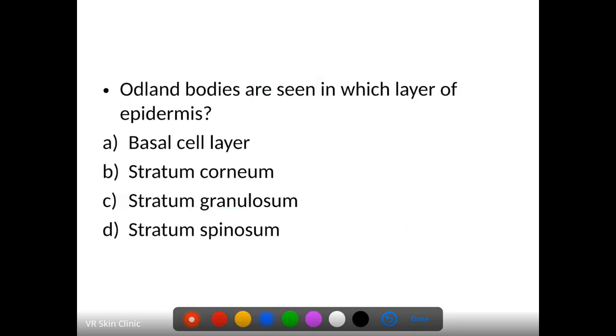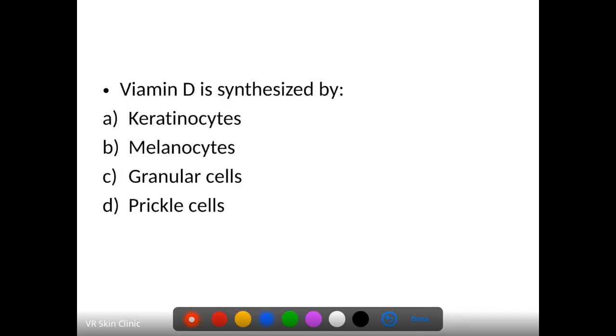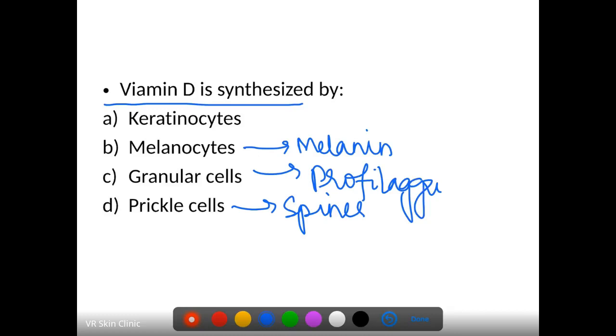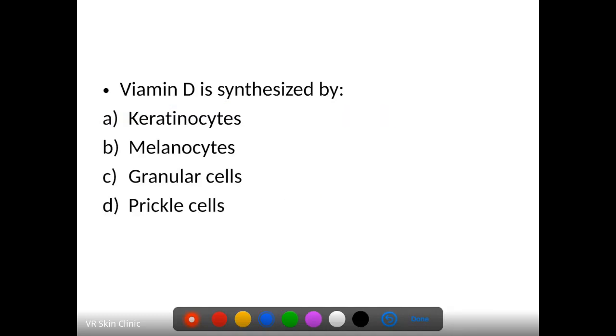Melanocytes synthesize melanin. Prickle cell has spines, granular layer has profilaggrin. So what is left? Keratinocytes. Yes, they have a role in vitamin D synthesis, and they also play a role in immunity.